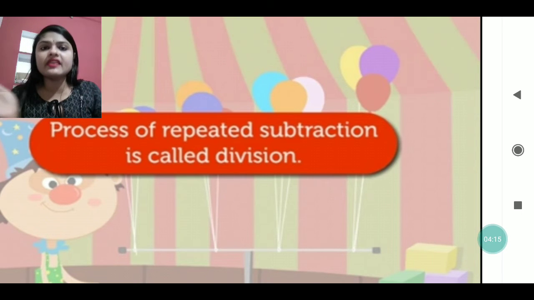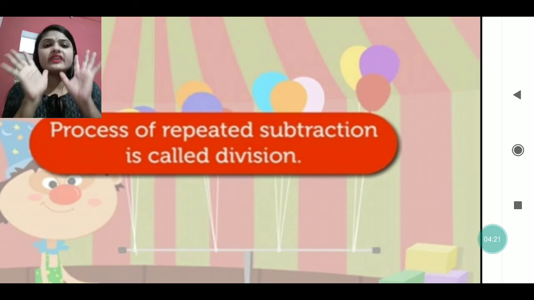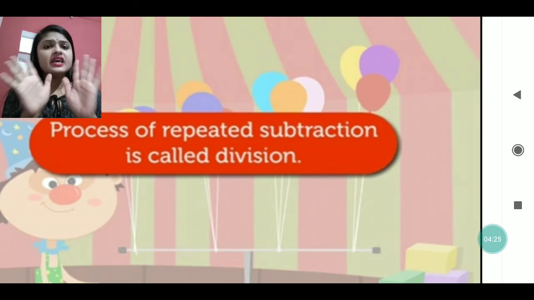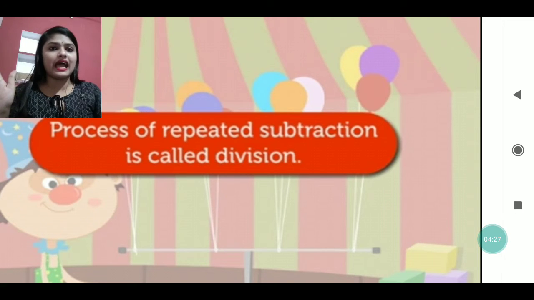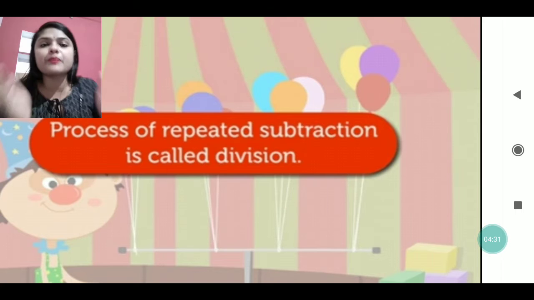Just suppose we have 10 fingers, two hands with 10 fingers. If we separate both hands, in one hand there are 5 fingers and in the other hand there are 5 fingers. This is called separation.